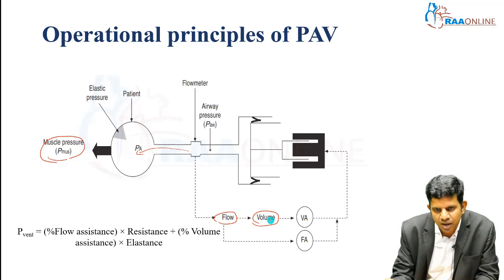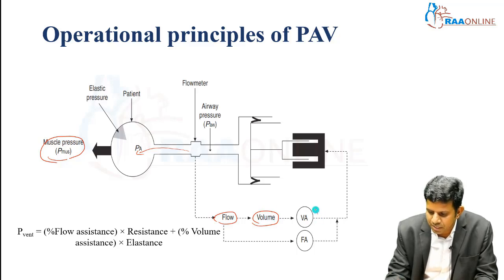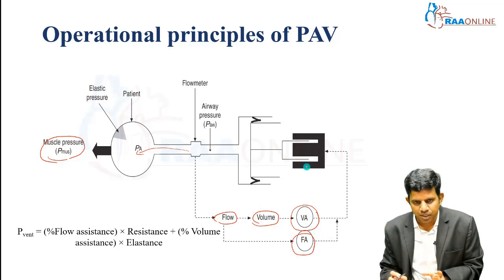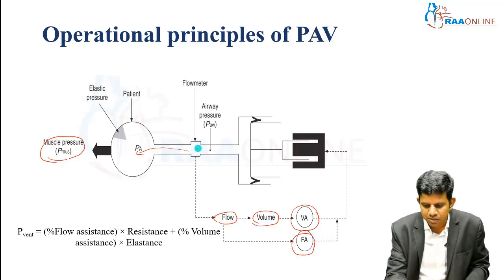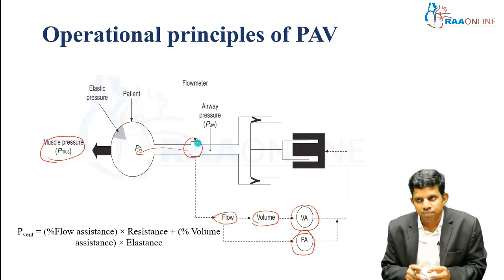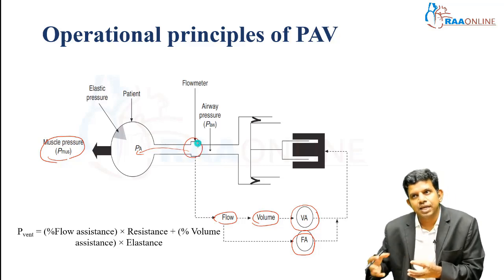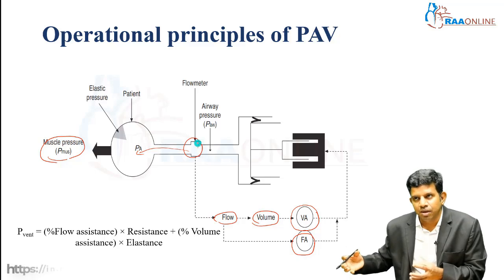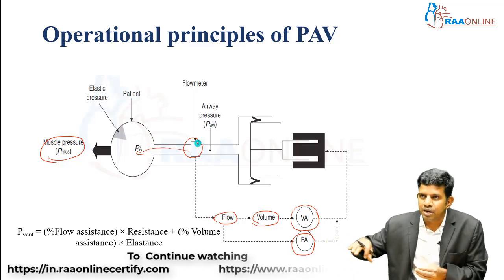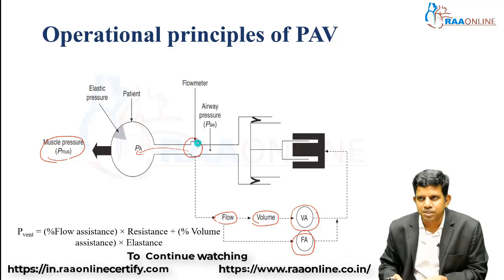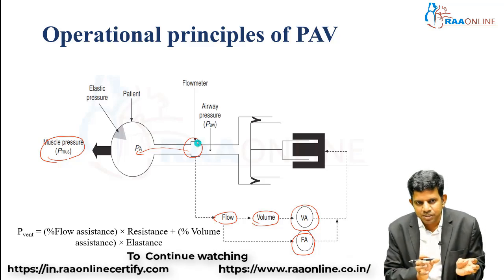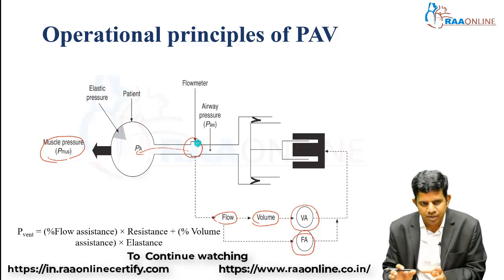From this flow and volume, the ventilator will calculate the patient's elastance and resistance. Then, based on this, the ventilator will give a volume assist and flow assist to the patient's lung. So, first it assesses the flow change, from the flow change it checks the patient's compliance and resistance, then it gives the flow and volume assist based on my patient's P mus. Okay, now we will discuss further.